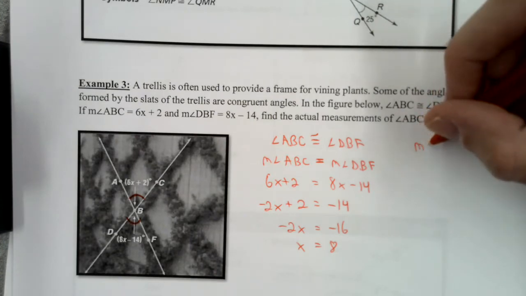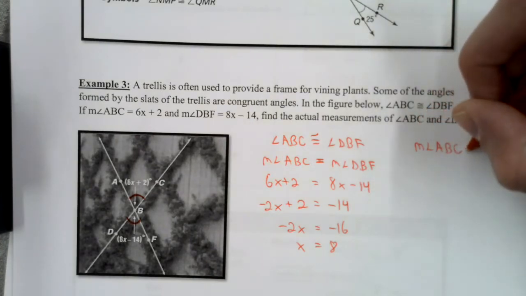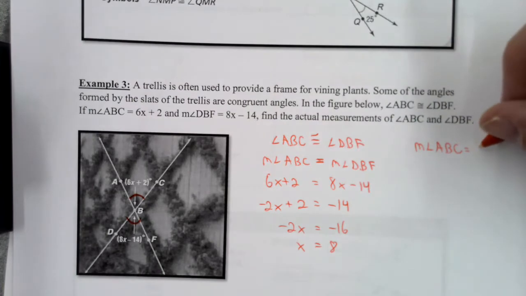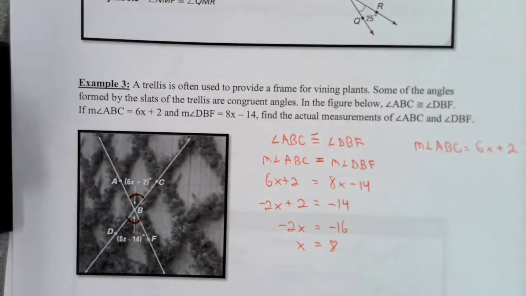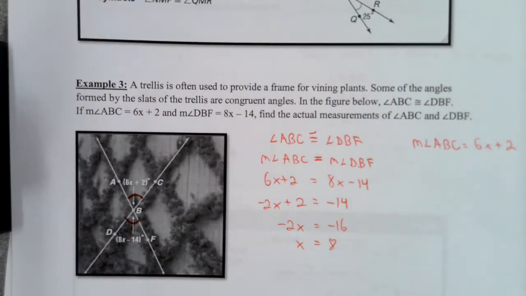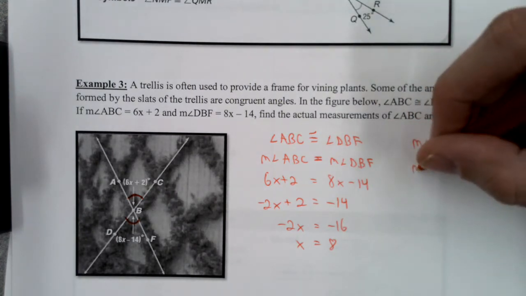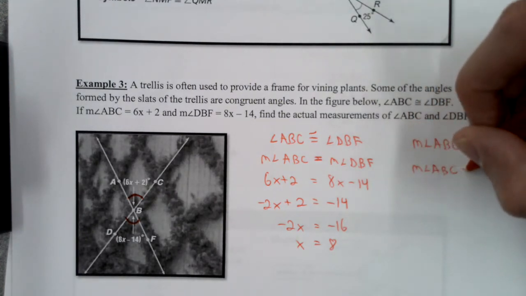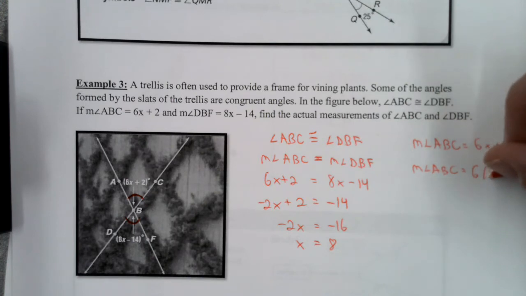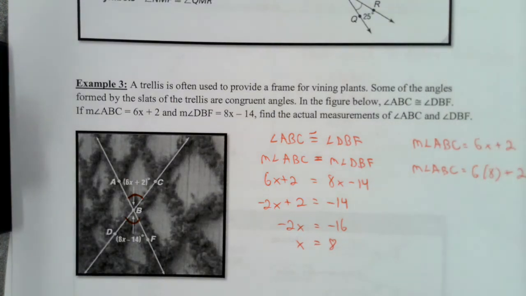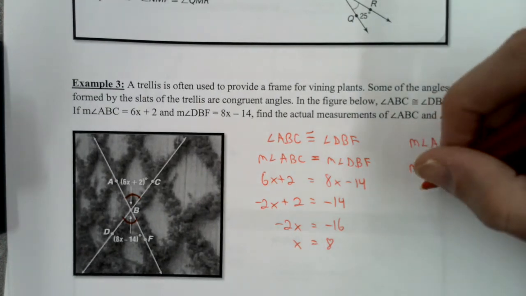I'm going to say the measure of angle ABC equals 6x plus 2. And you know x is 8, so substitute 8 in for x. The measure of angle ABC equals 6 times 8 plus 2. So 48 plus 2 equals 50.